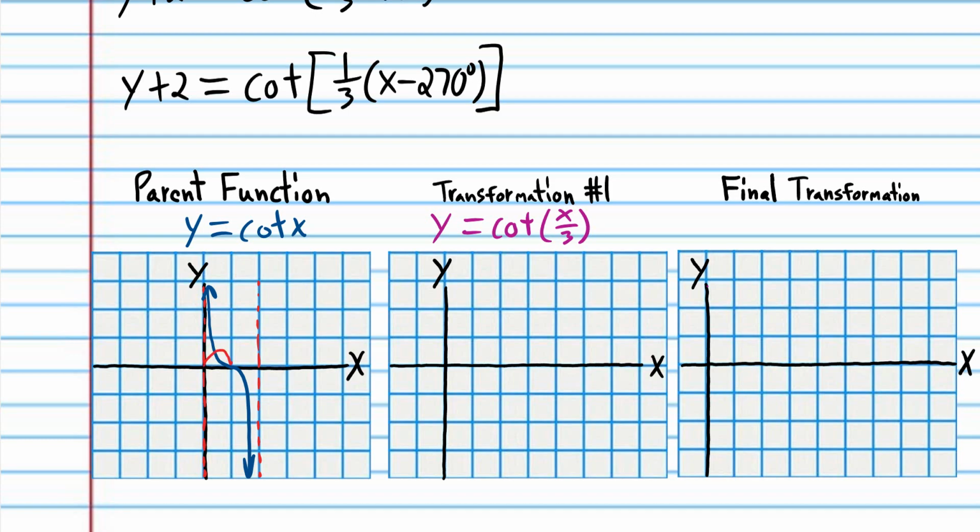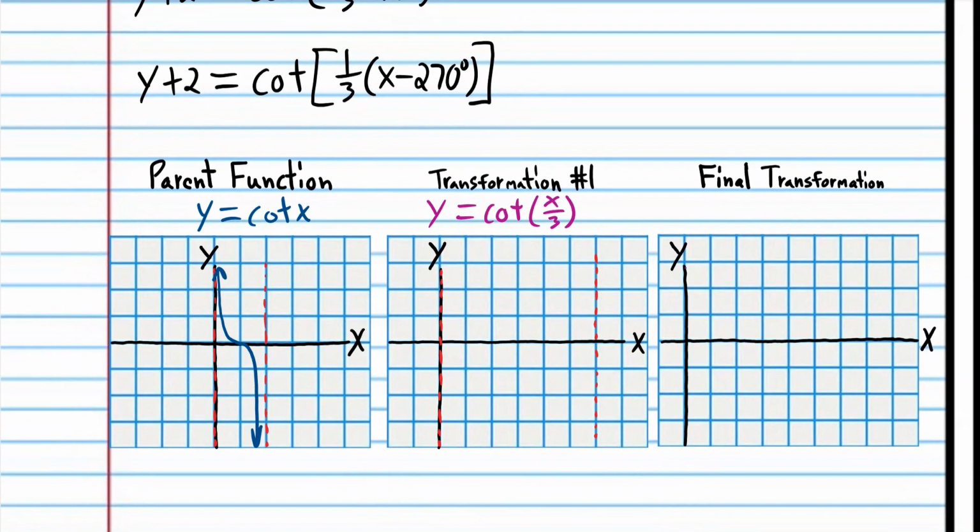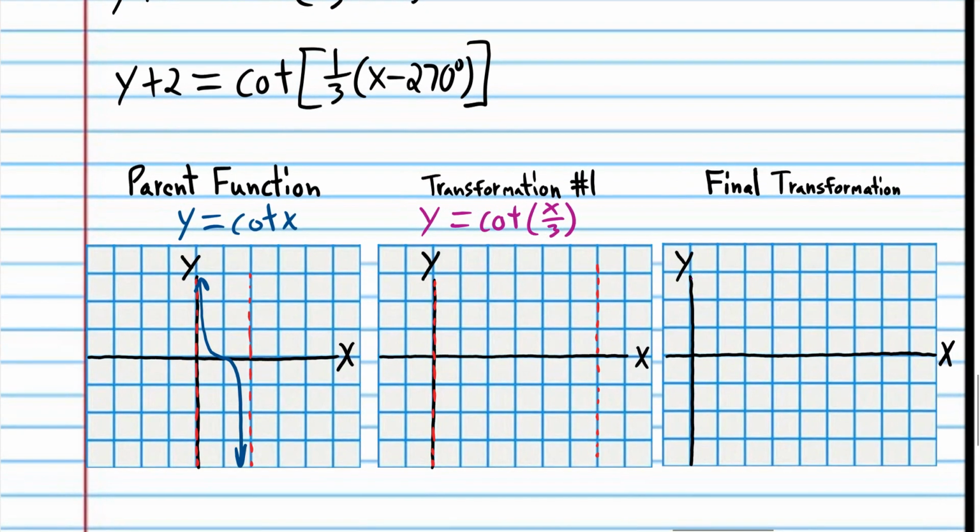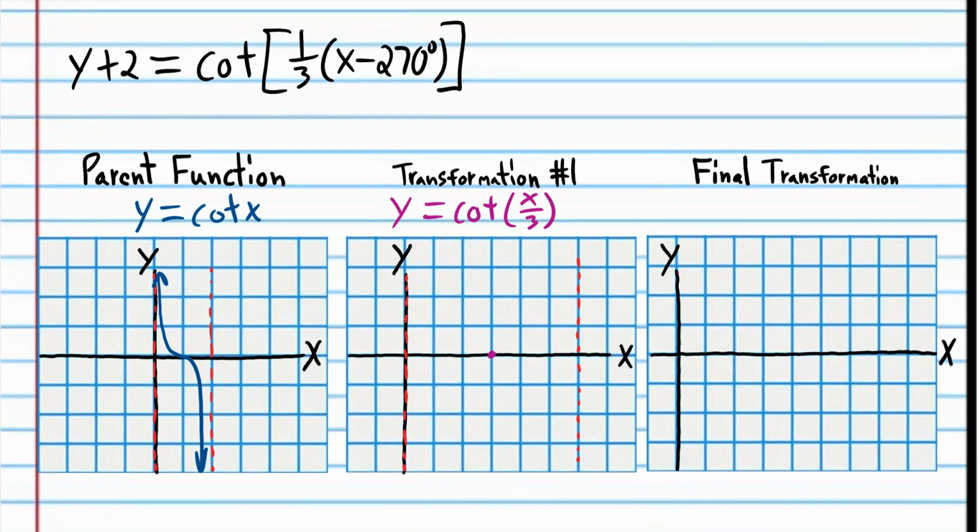So the new asymptote is there, and the other asymptote doesn't change because it's on the y-axis. And now we can draw the graph. So obviously it's going to cross there, and it's going to look something like that.